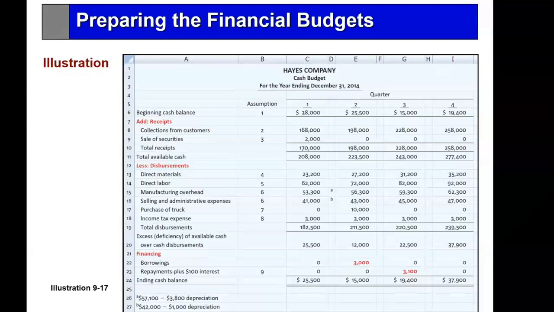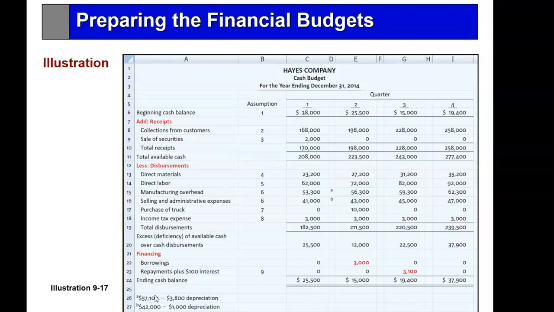My manufacturing overhead budget, I got to be careful here. I take a look at that manufacturing overhead budget, which was $57,100, but $3,800 is depreciation, so I add that back, and I only need $53,300 cash. Everybody understand that? You go to the overhead budget, and it says in the first quarter is $57,100.